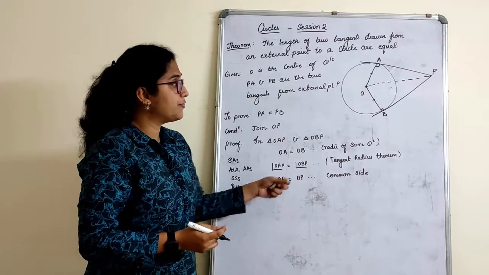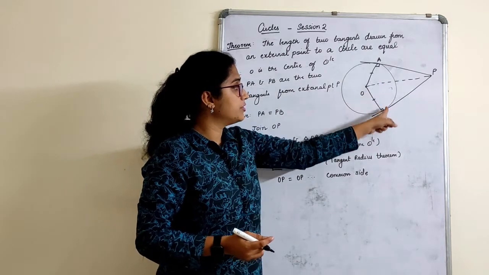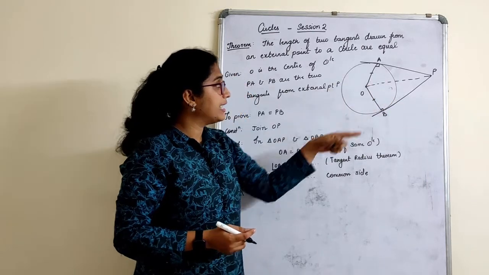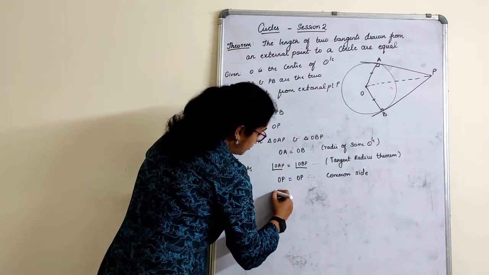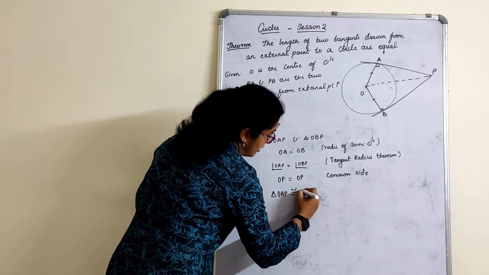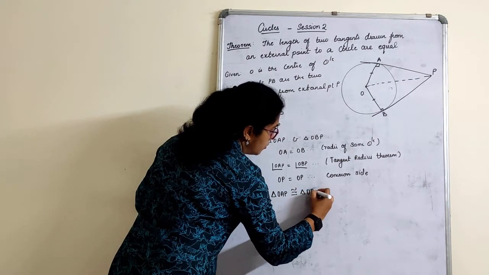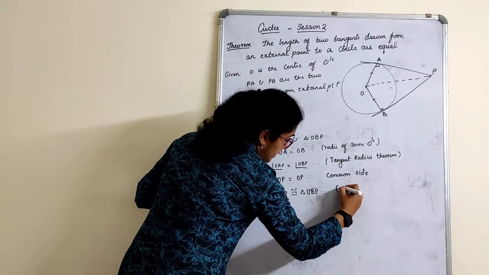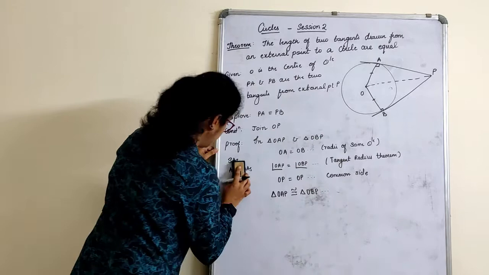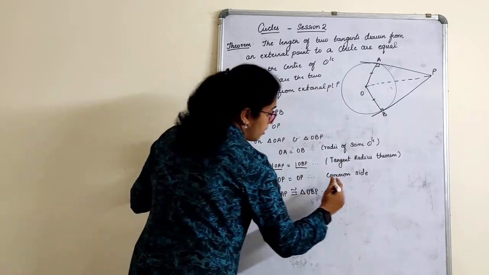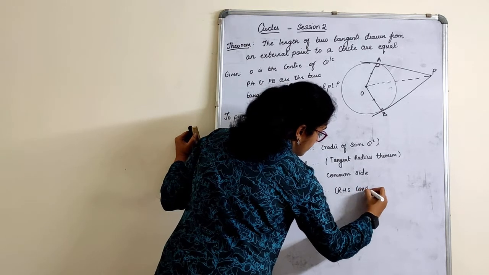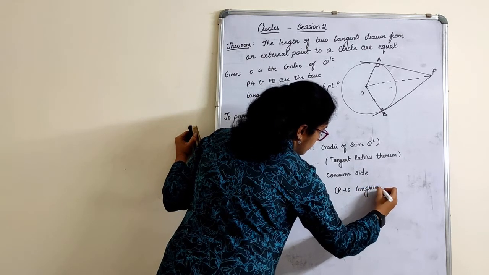I think this satisfies. Right angle, hypotenuse: this is the side opposite to the right angle. So right angle, hypotenuse and any one side equal. Therefore, triangle OAP is congruent to triangle OBP by the RHS congruence rule.